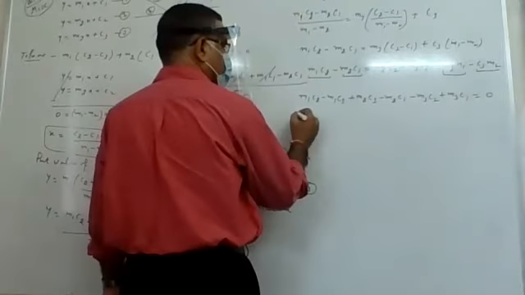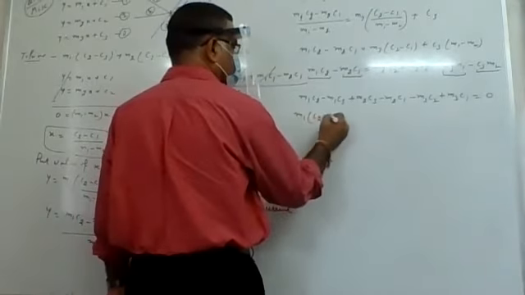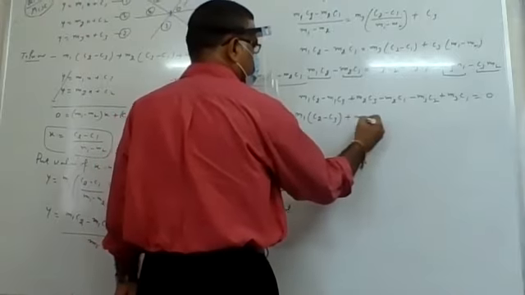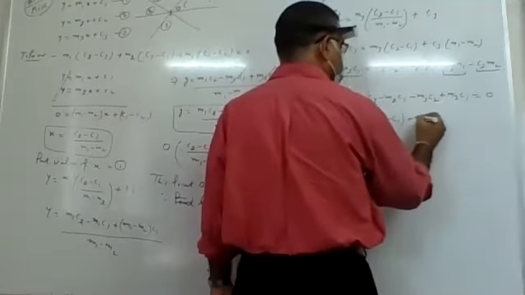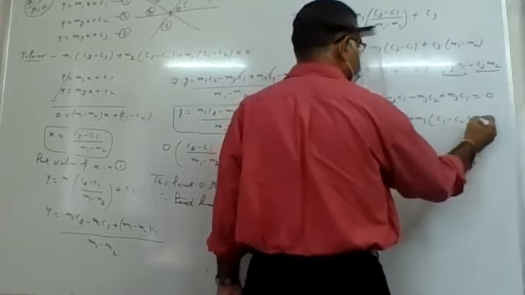Now this is m1 (c2 minus c3) plus m2 (c3 minus c1) and take m3 (c1 minus c2) equal to 0.